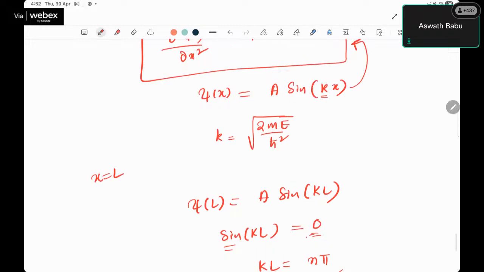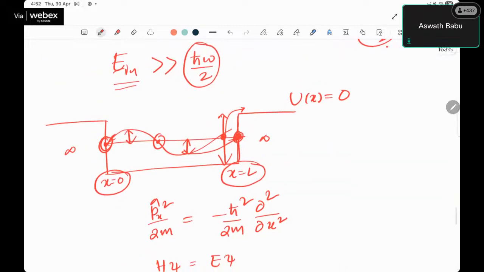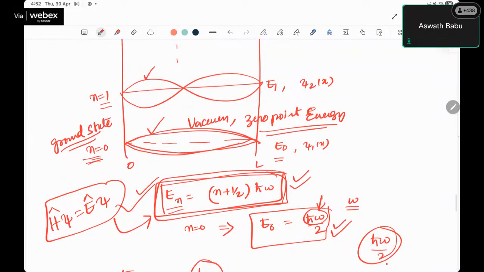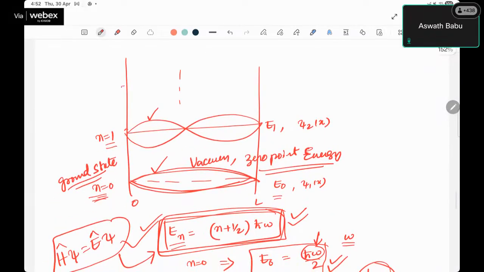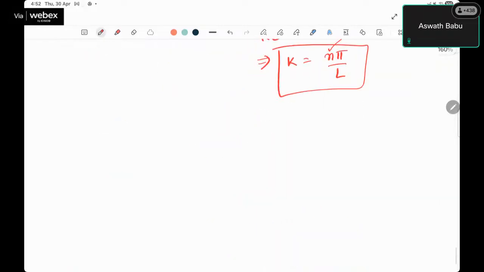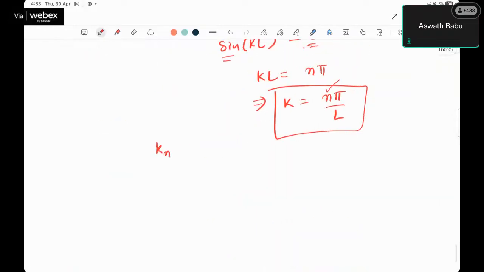It means I can have this kind of wave, this kind of wave, or a wave like this also. In that way I am going to get many propagation vectors which are functions of n.